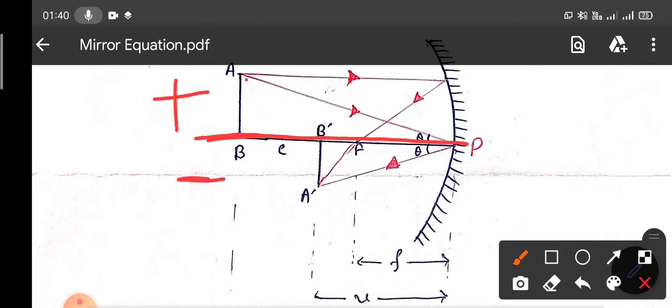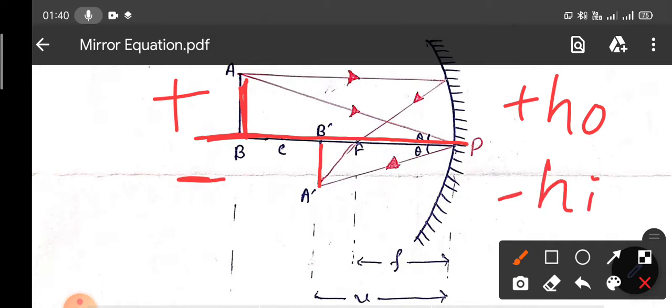Which one is your principal axis? This line is your principal axis. The object height ho is above the principal axis, so it is taken as plus ho, but the image height is below the principal axis, so in place of hi you will write minus hi.